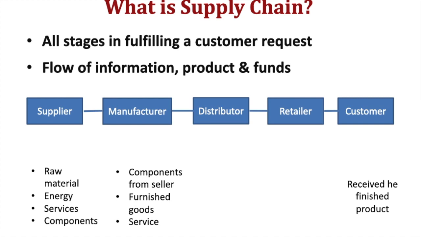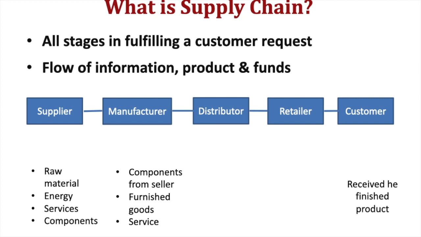Basically, supply chain involves the process from the raw material until the end to the customer. The process here starts from the supplier, manufacturer, distributor, and then passes to the retailer, and then customer.